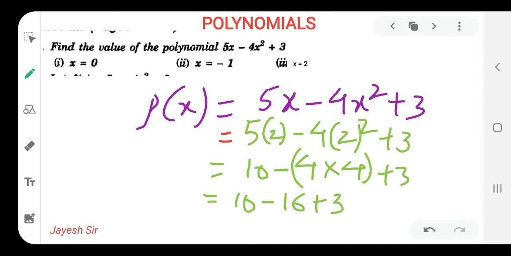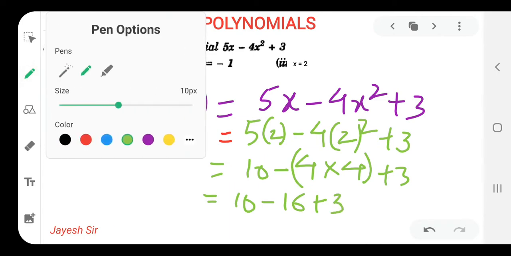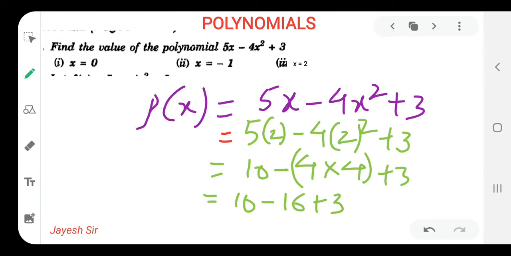Same thing we will do, friends. What are we supposed to do now? I have 10 rupees in one pocket and 3 rupees in another pocket, but in total I need to give 16 rupees. First I will add the money that I have in my pocket. In one pocket I have 10, and in another pocket I have 3. So in total I have 13 rupees.